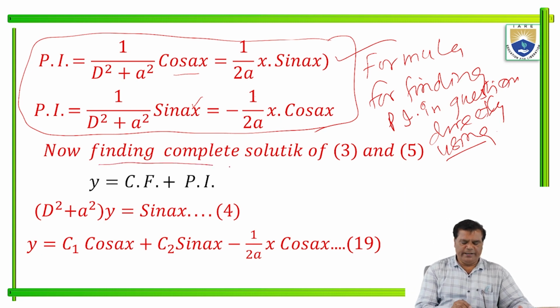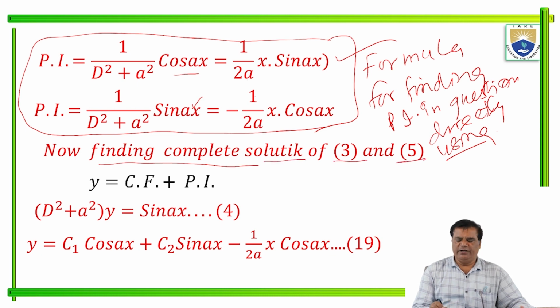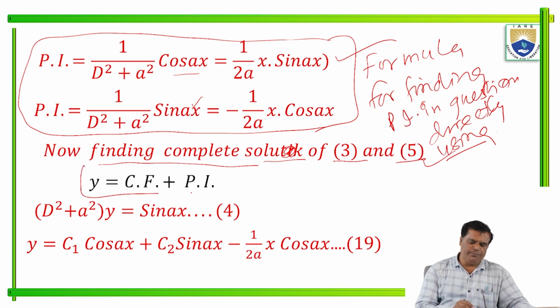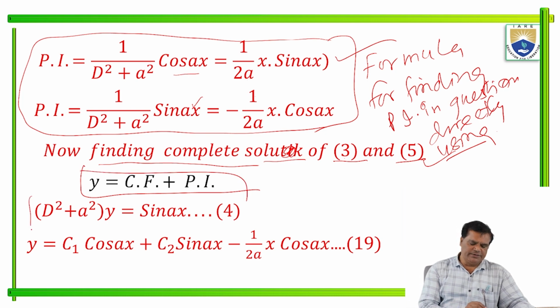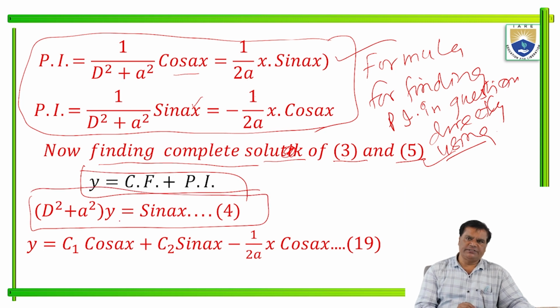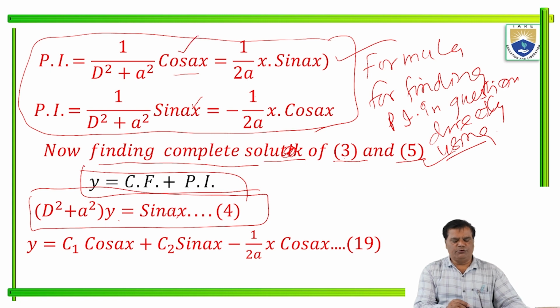So now we find the complete solution of equations 3 and 5. Y is equal to the complete solution, CF plus PI. If the equation given is D square plus a square, y equals sin ax, then remember the answer: if cos is given, the answer is sin and positive. If sin is given, the answer is negative and cos.